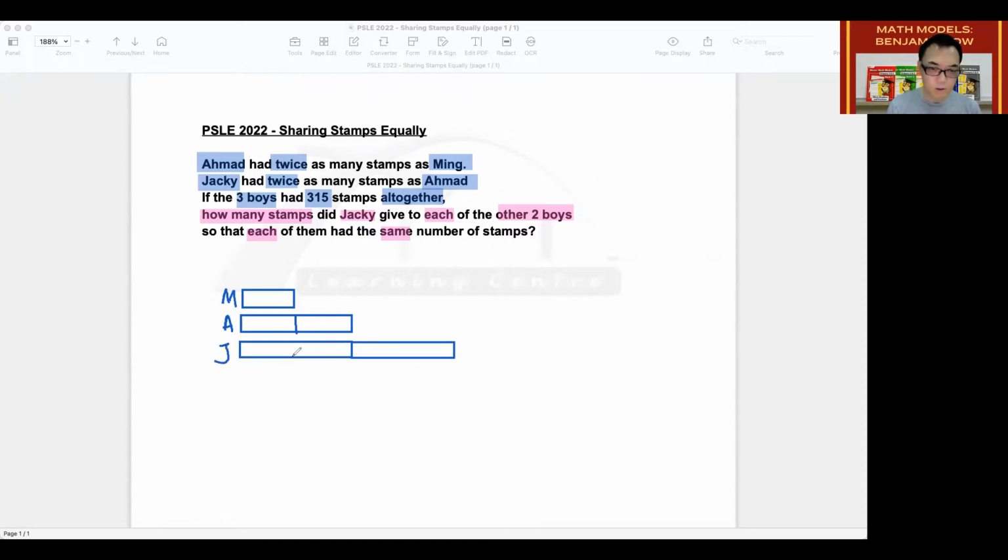So for Jackie's model, we will have to draw it such that it becomes the same thing, and each of them needs to be cut into two. Now, generally in maths, we will make the person with the least 1 unit. So if this is 1 unit, then Ahmad is 2 and Jackie is 4. Good.